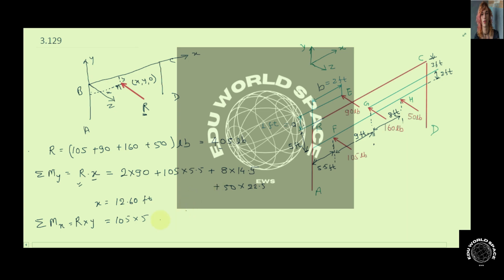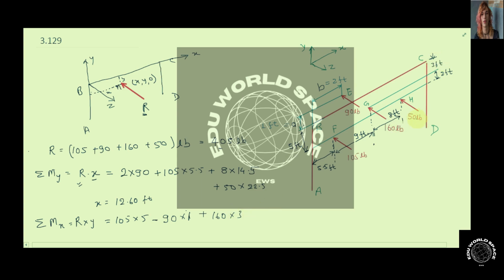That's why the moment because of this 90 pound will be minus 90 multiplied by its perpendicular distance from the x-axis, and that is here 1 foot, so multiplied by 1. Now plus 160 pound is again in the downward direction to the x-axis, so it will be plus 160 multiplied by its perpendicular distance, which here is 3 feet, so multiplied by 3.